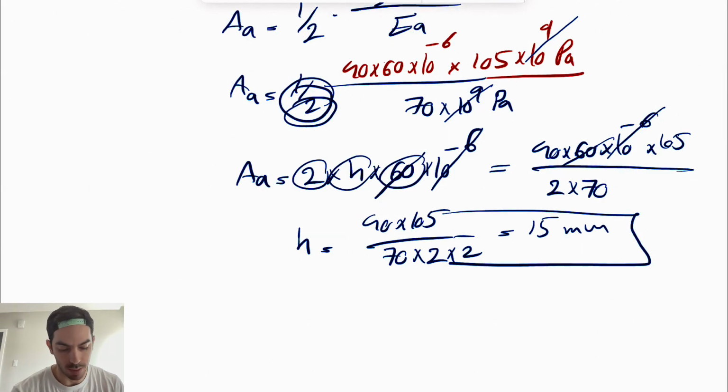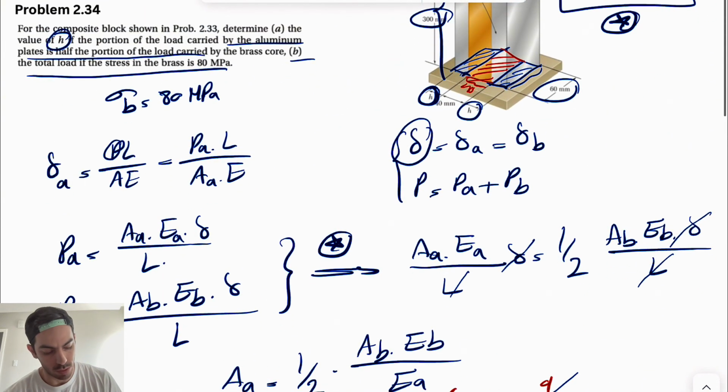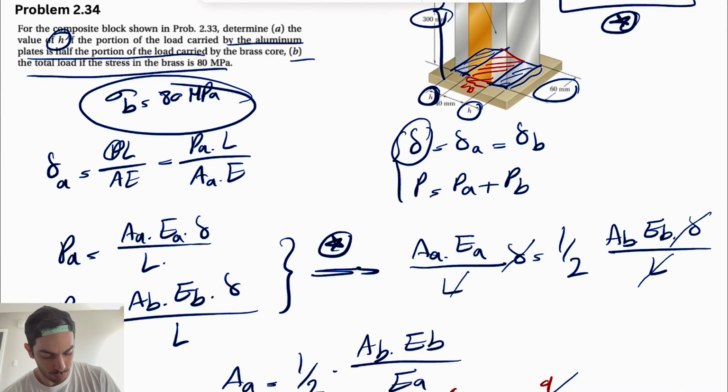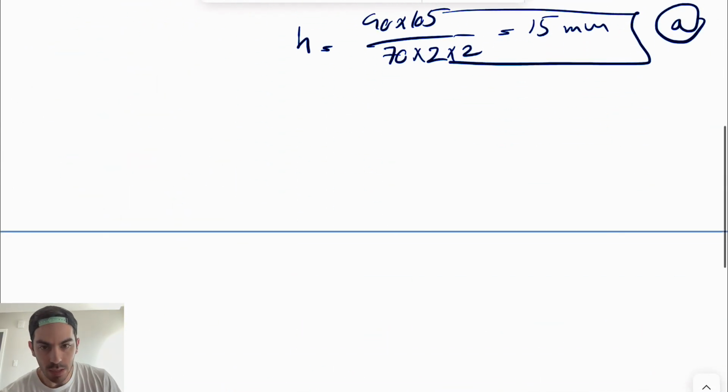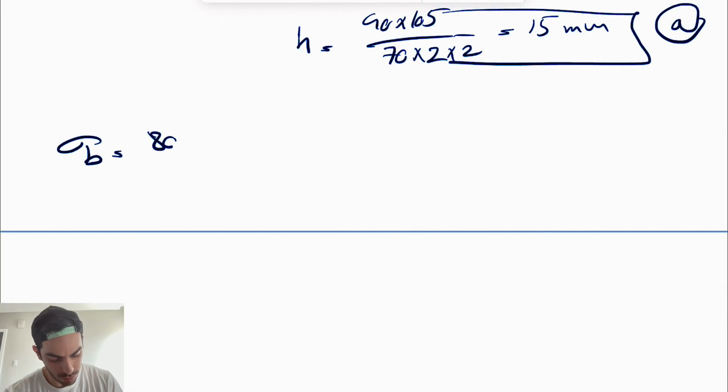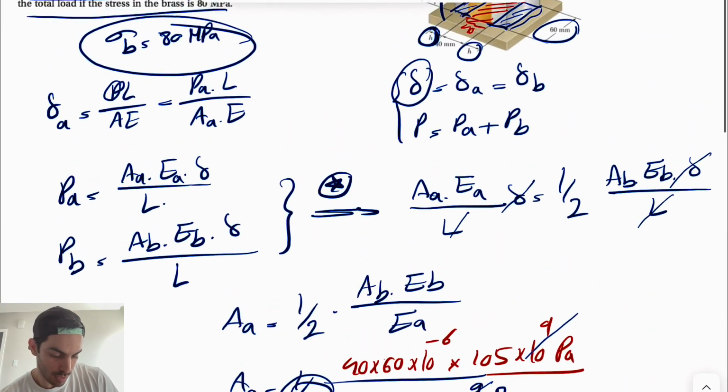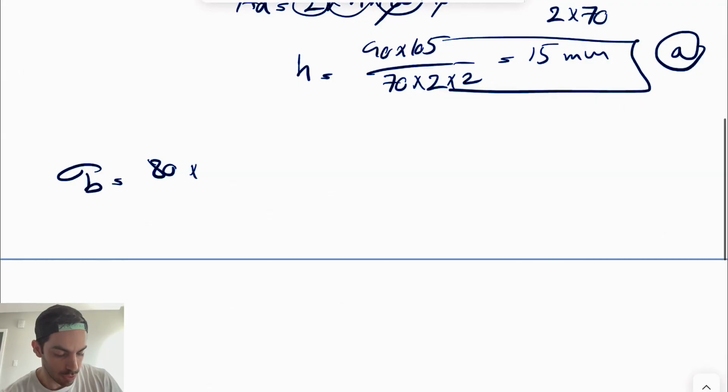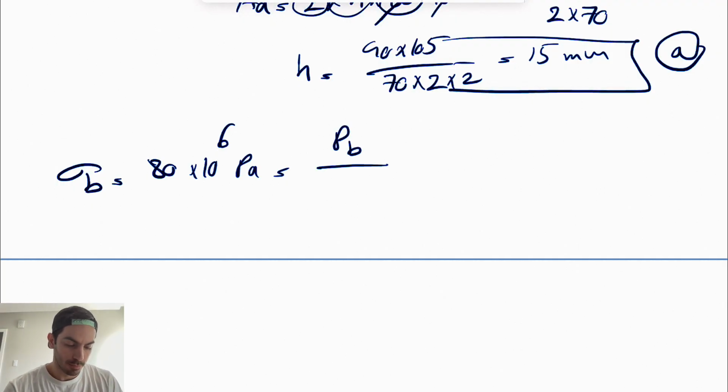For the B part, it's much easier. We have the stress in the brass, which is 80, was it megapascal? Yeah, megapascal. So 80 times 10 to the 6 pascal, which would be the force in brass, PB, over the area of the brass, which we already found.